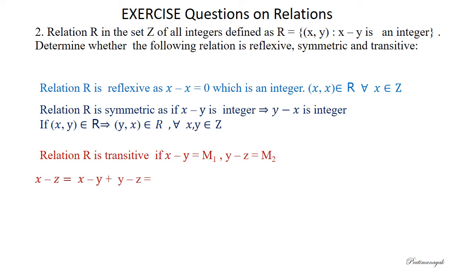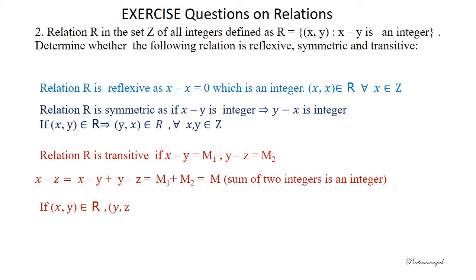It can be written as x - y + y - z, that is m1 + m2, which is equal to, let it be m, and sum of two integers is always an integer, so it is true for x - z. So if (x, y) belongs to R, (y, z) belongs to R, this implies that (x, z) also belongs to R for all x, y, z belongs to set of integers.